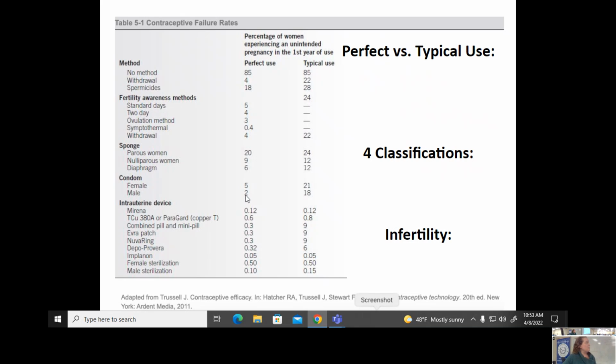So like for male condom, the typical use failure rate is way higher because of things like you didn't have it on from the start. It was too big or too small. It was too old and it had a rip in it and you didn't know. It ripped during. I don't know, what are the other things? It was manufactured badly. Like you want the FDA regulating this kind of stuff.